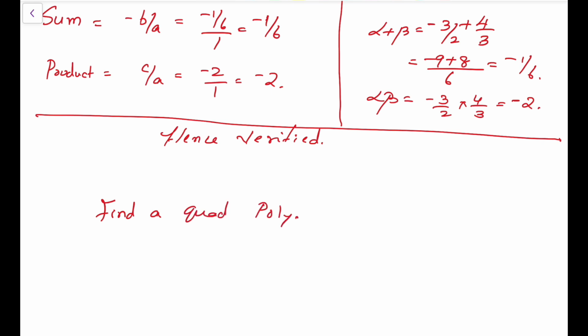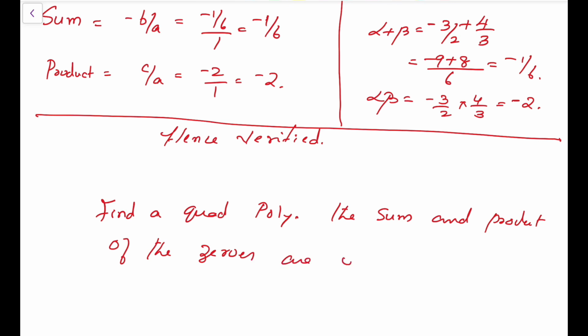Find a quadratic polynomial, the sum and product of the zeros are root 2 and minus 3 by 2 respectively.